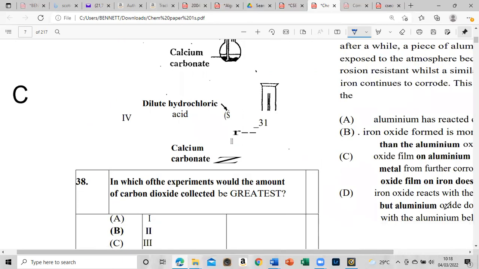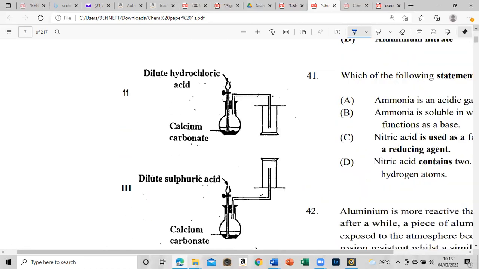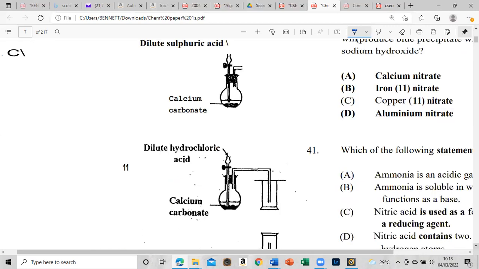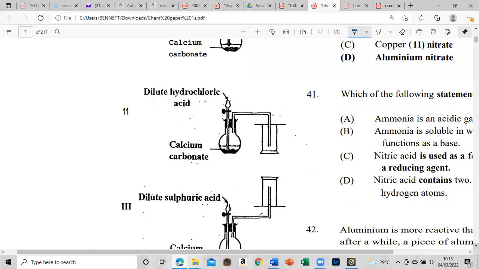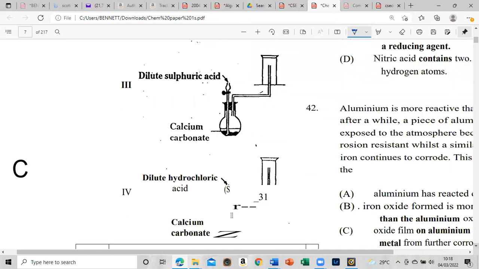I don't see a question there, so I'm not sure what's up with this one. I don't see the question as yet. So we have the carbon, calcium carbonate, acid, calcium carbonate, and so on.